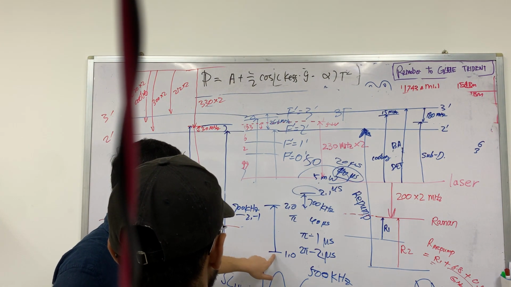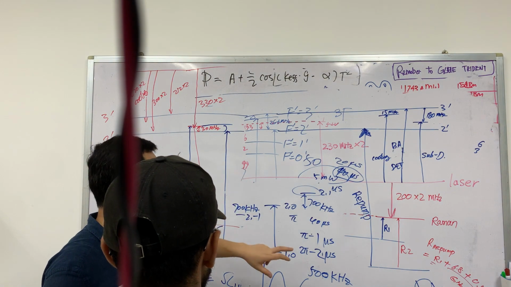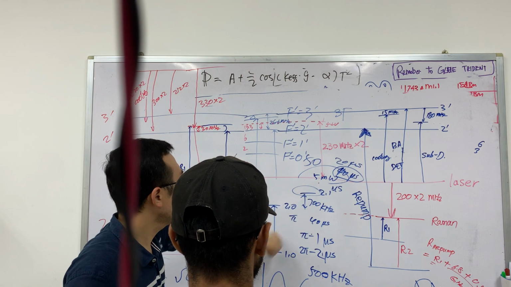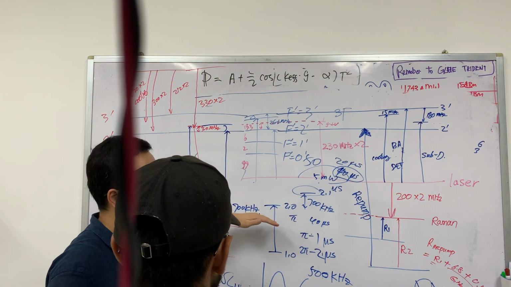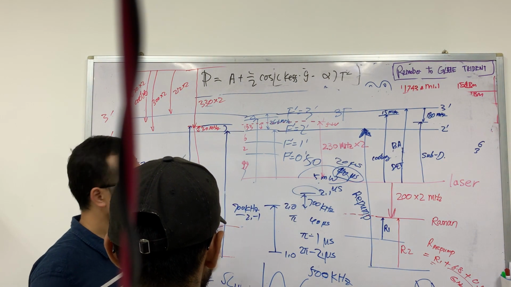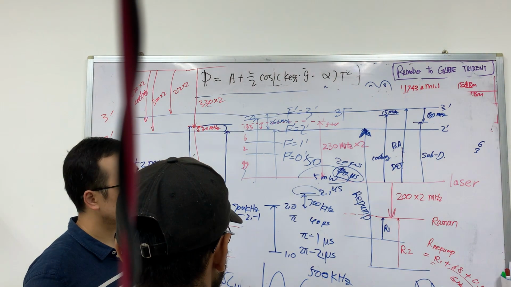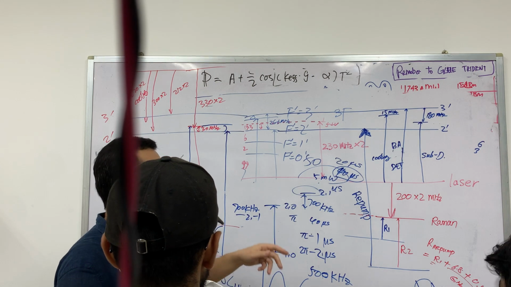If you drive your atoms from here to here with a very large Rabi frequency, you can actually populate the atoms to the state. States always exist. It is just that there are no atoms in there. So you can drive it.